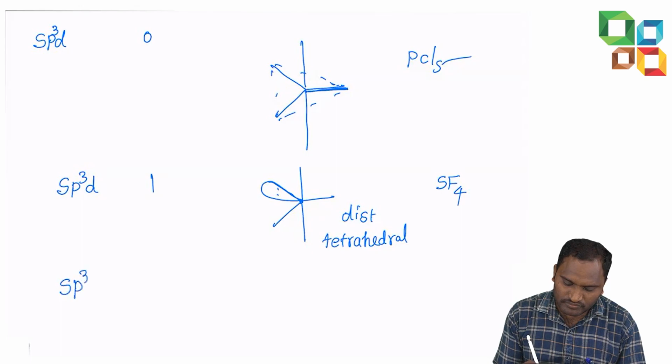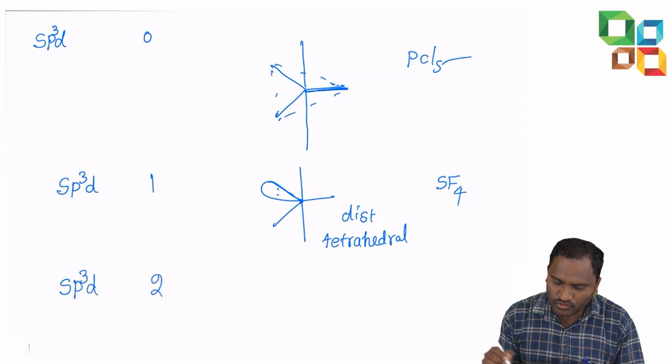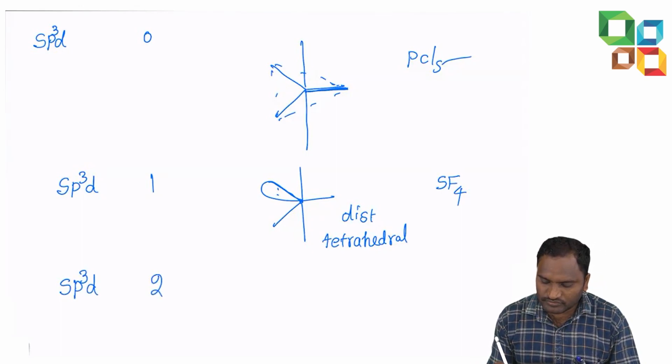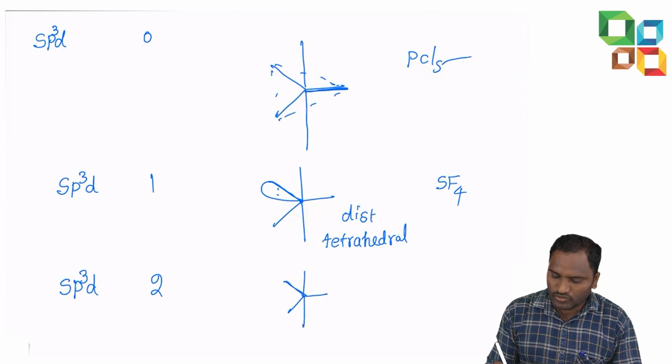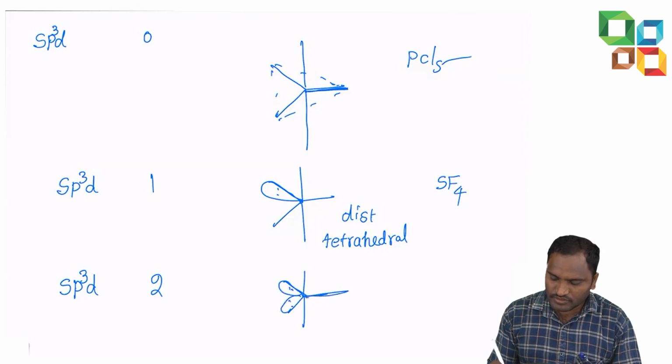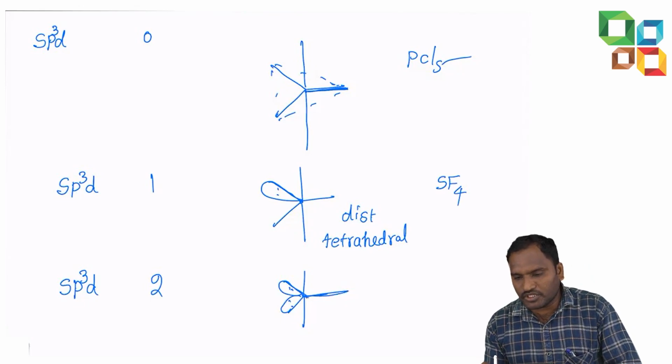sp3d, two lone pairs. Two lone pairs will occupy like this. So what do we get, students? Shape of the molecule is T shape.